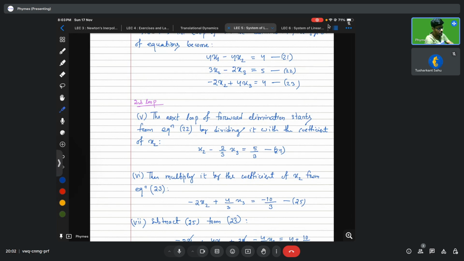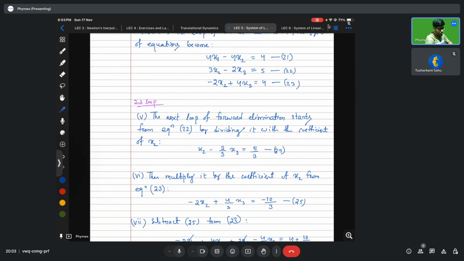Divide this equation 22 by 3 everywhere, the coefficient of x2, throughout these quantities here, and this will be the equation. Then multiply it with the coefficient of x2 from equation 23. What is the coefficient of x2 from equation 23? It is -2. So multiply -2 everywhere in this equation.